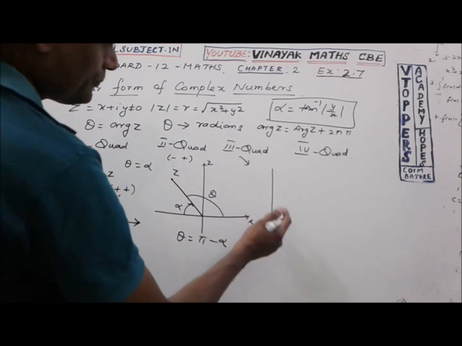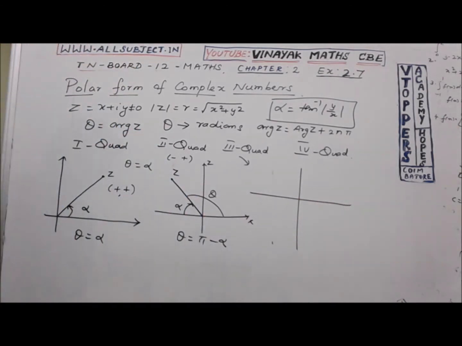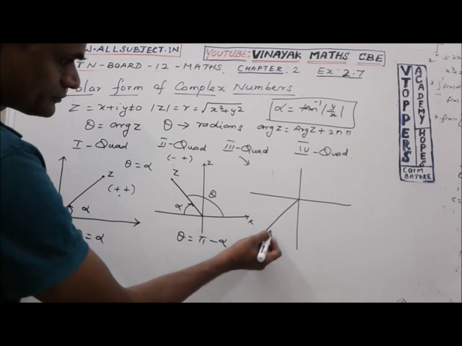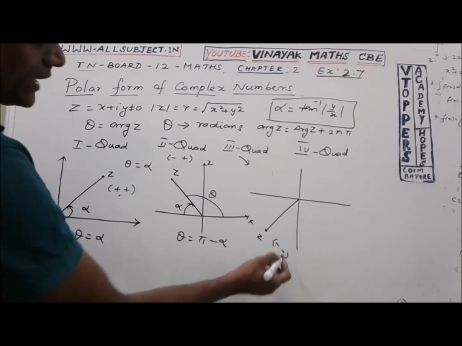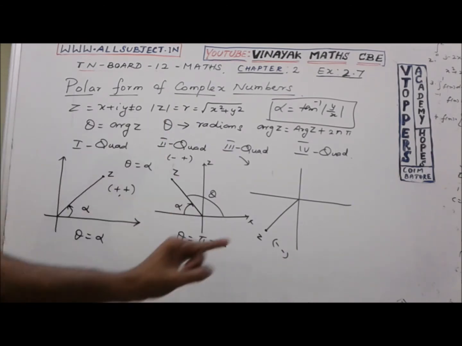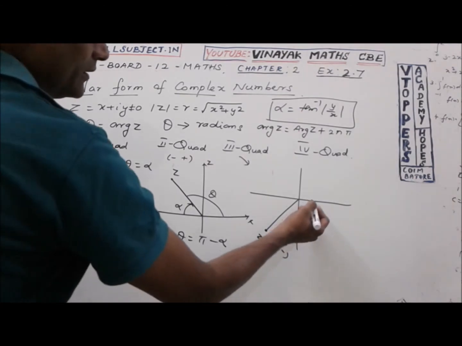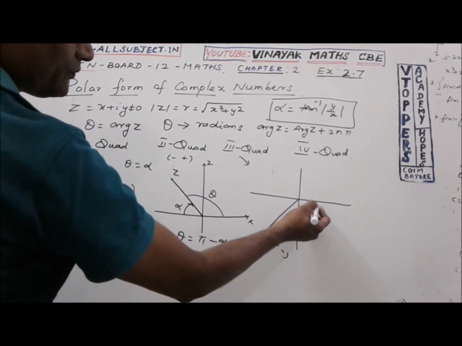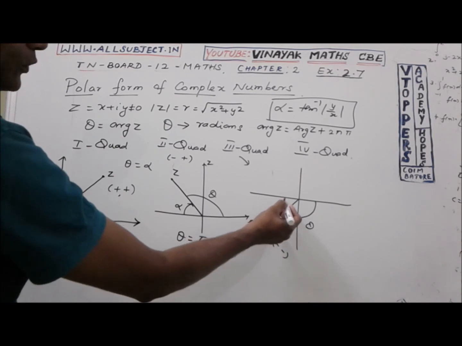And for the third quadrant, if the given complex number lies in the third quadrant, both the real and imaginary parts are negative, minus minus. In this case, this is the angle made with the x-axis, that is theta, and here we have the alpha value.